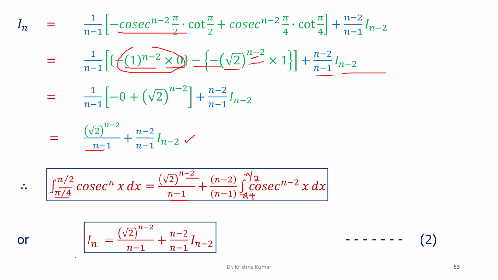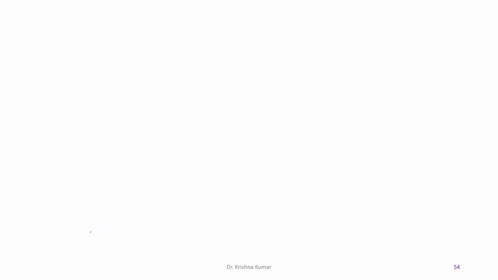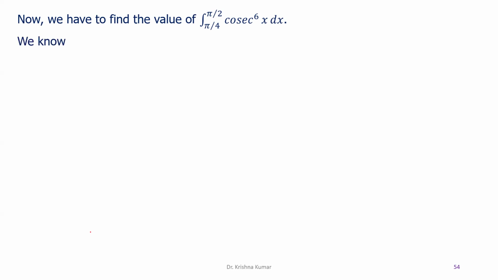Now our aim is to find out the value of this I_n when n equal to 6. So let us put n equal to 6. Now we have to find the value of integration of cosec to the power 6x under the limit pi by 4 to pi by 2 with respect to x.